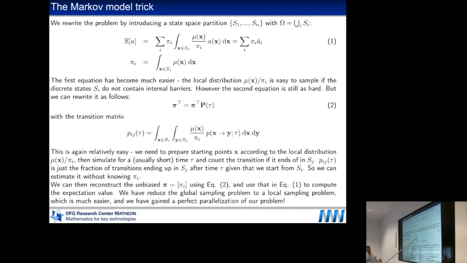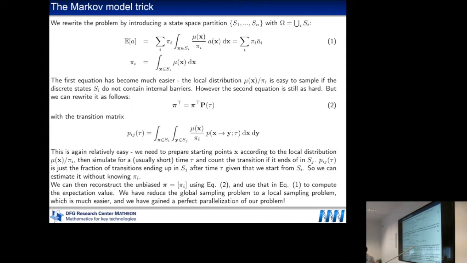So every element of this transition matrix tells us the probability to go from a certain state i to a certain state j in a time step tau. And the trick here is this is a conditional probability. So this quantity here is again something which is easy to compute.